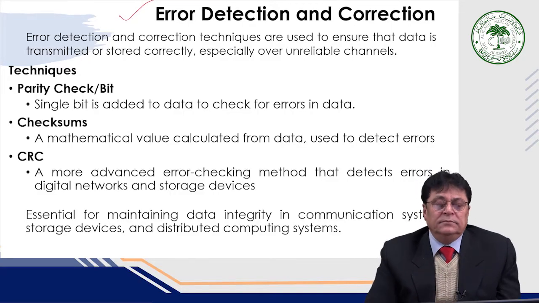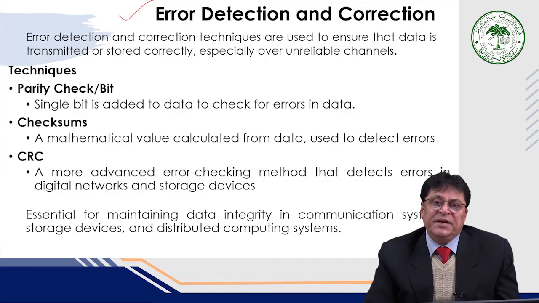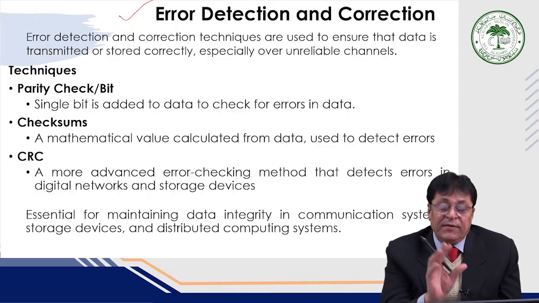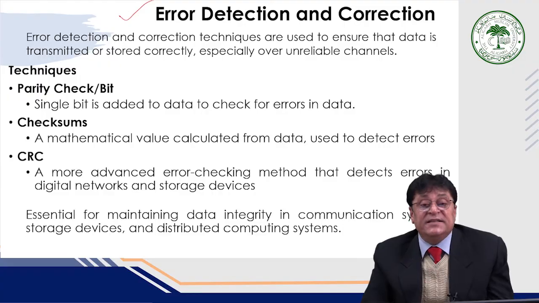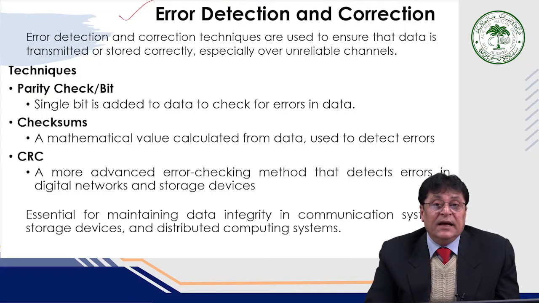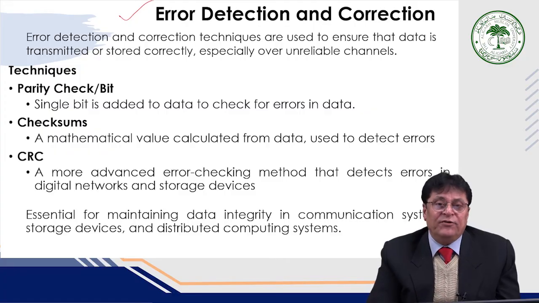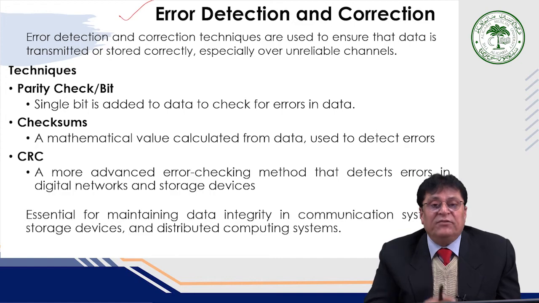All the data in computers or any digital system is represented as a combination of zeros and ones. So, even when these data are represented using some encoding schemes, a slight change of 1 bit will change the entire meaning of that data.